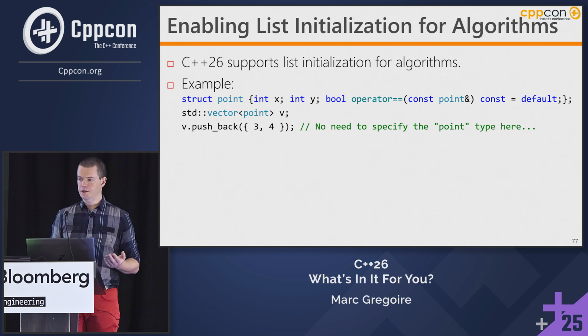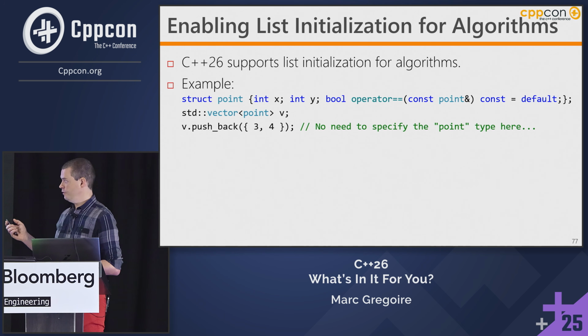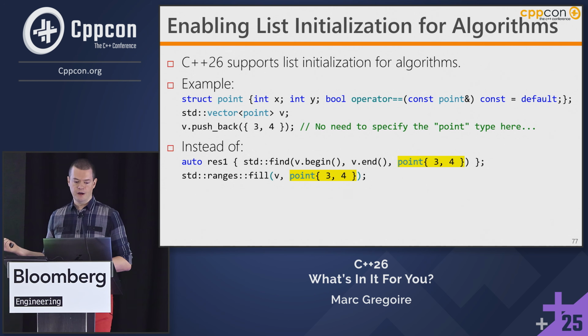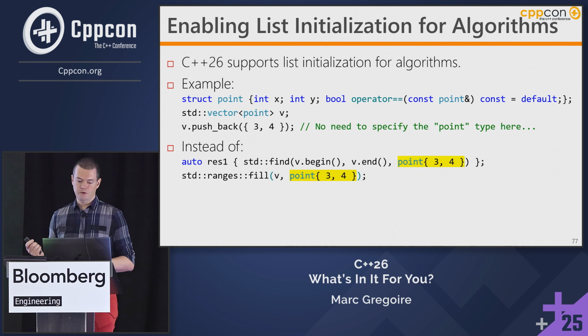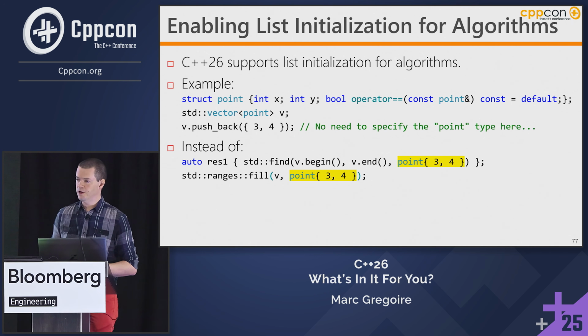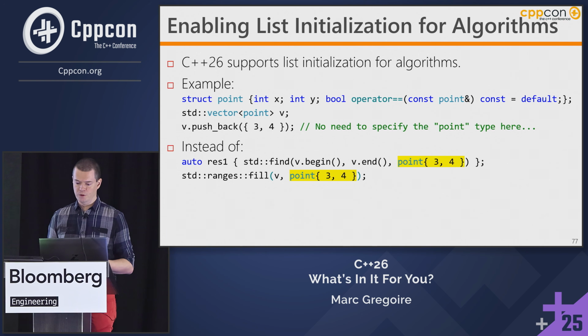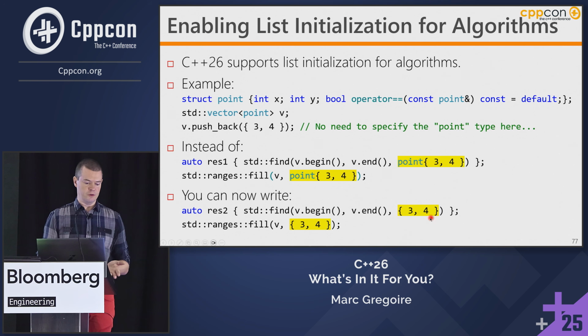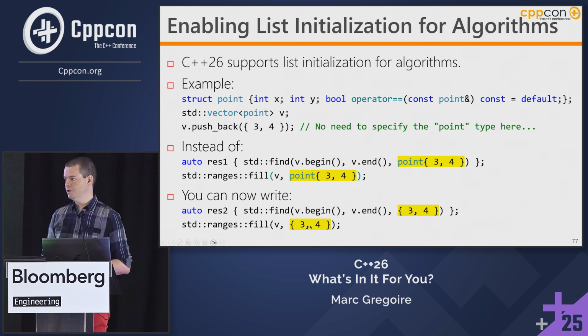So you can already use list initialization to add a point to our vector. But if you want to call algorithms like find or fill, you had to specify the point type. With C++26, you no longer have to do that, and you can actually use list initialization for ranges::find, for ranges::fill, and for all the other algorithms as well.